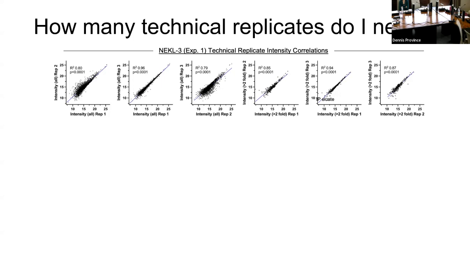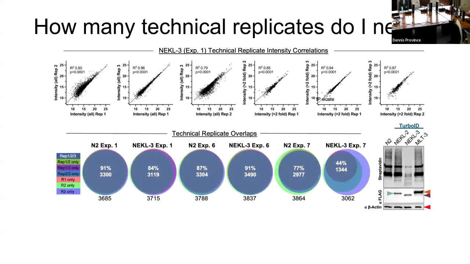Rep 1 compared to rep 3 and rep 2 compared to rep 3. So it looks like the 3 things are doing pretty similar things. And when you look at a spreadsheet, yeah, the numbers really do track. This is just proteins that were up 2-fold relative to our no turbo or N2 control. And those also look good. So to me, the replicates are really pretty replicated, right?